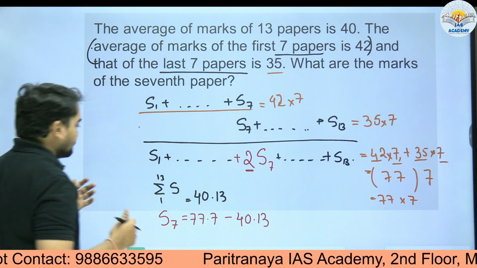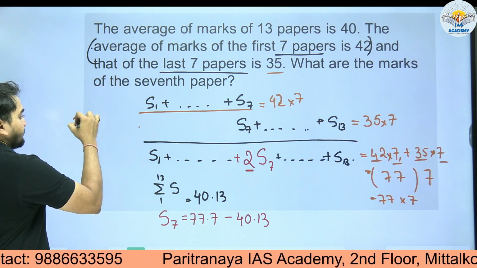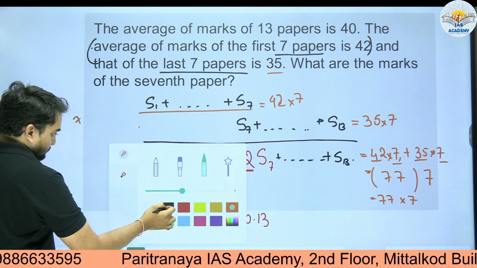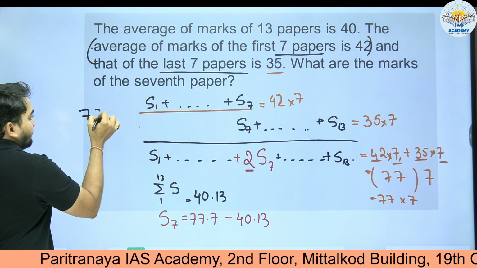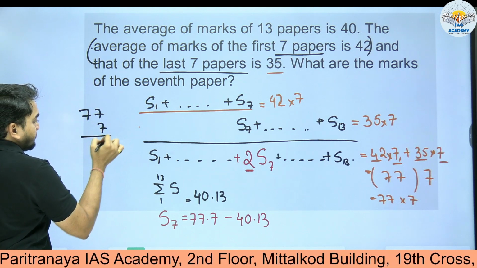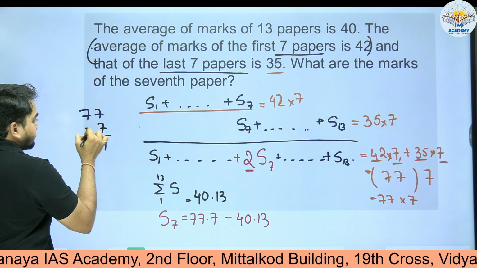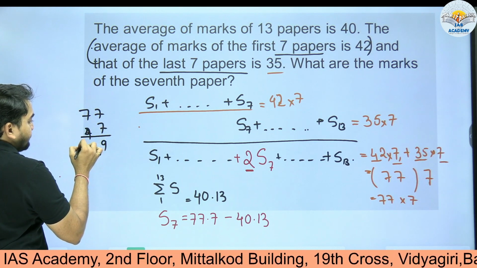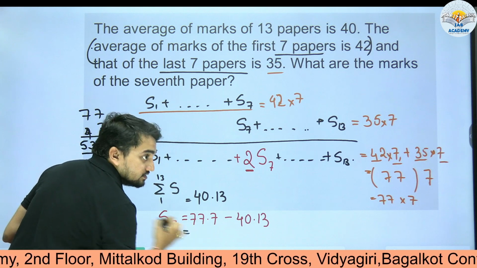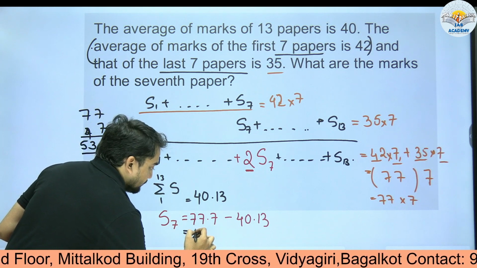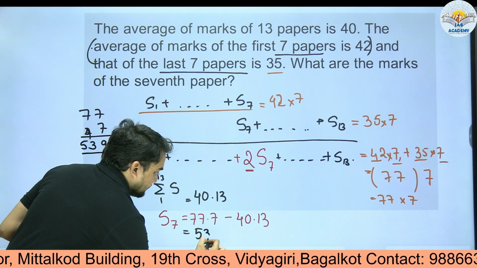So for that reason, 77 into 7 is how much? 77 into 7, 49, 53, so here it is 539.